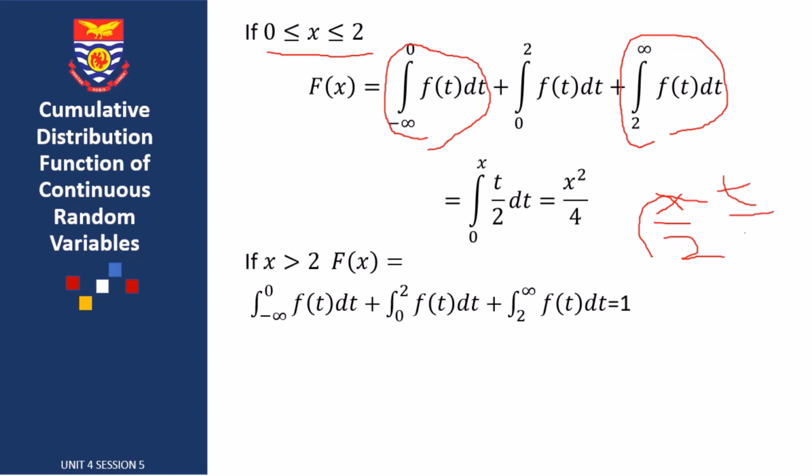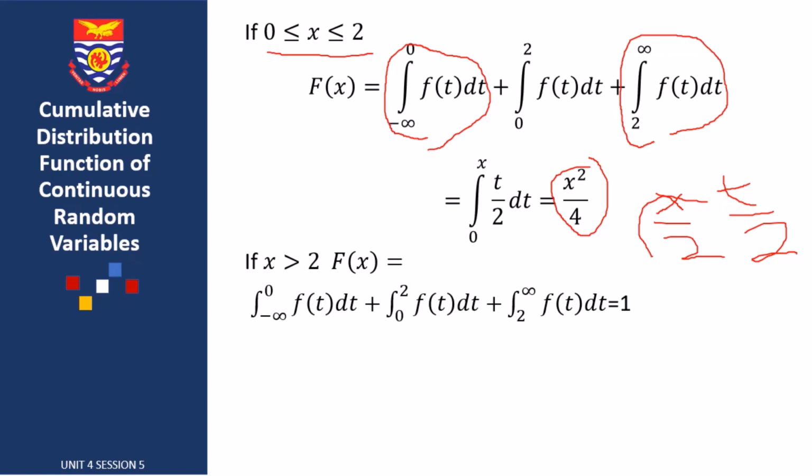Integrating t over 2 gives us t squared over 4, and putting in the values from 0 to x gives us x squared over 4. That is what we should have.